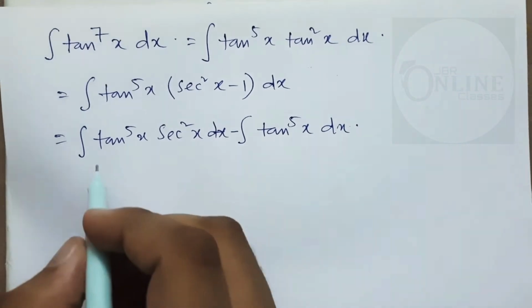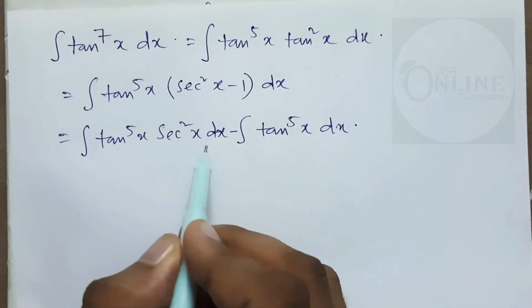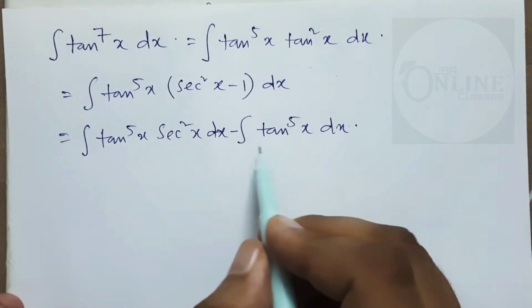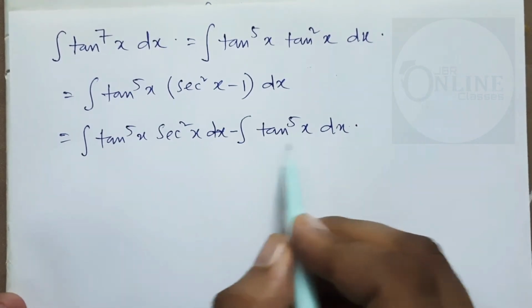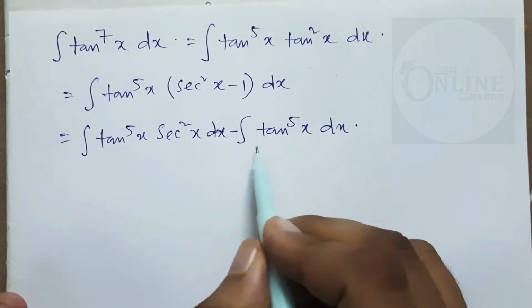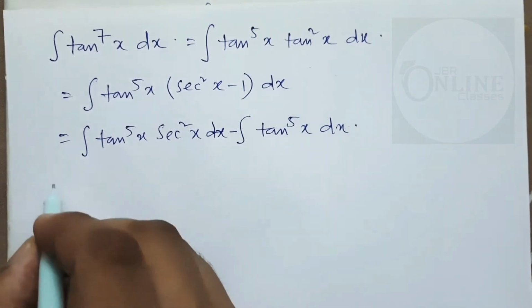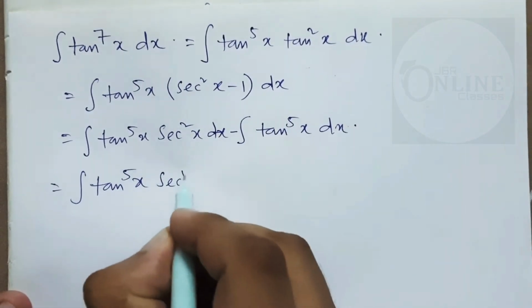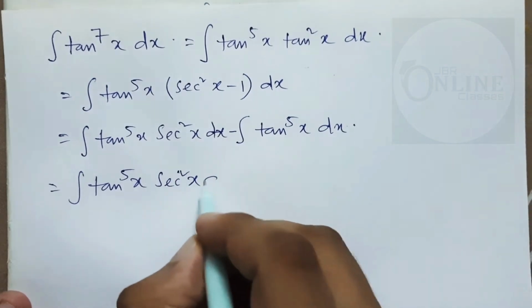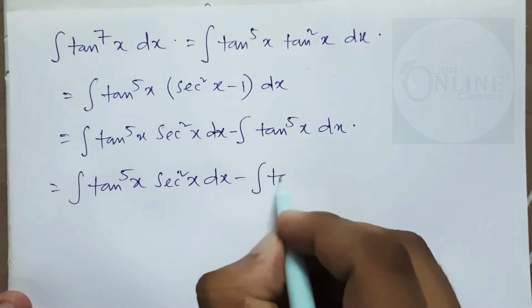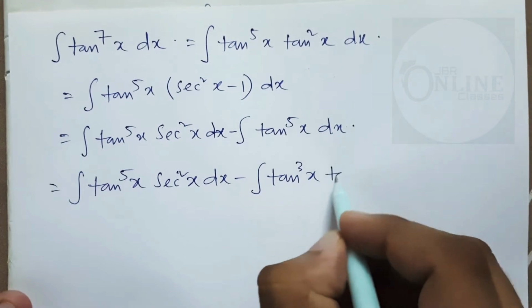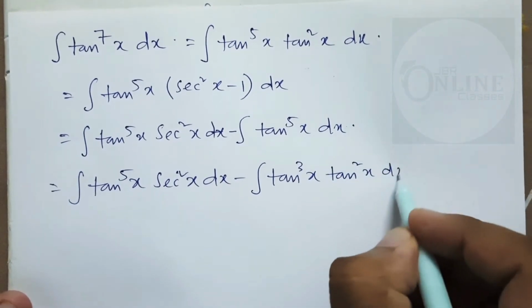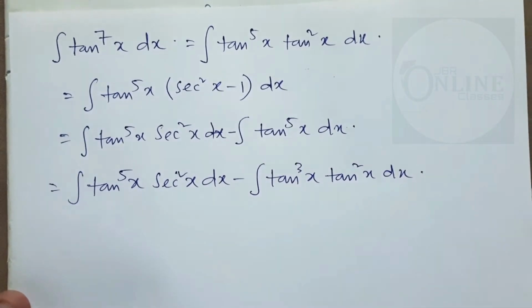Now you keep the first integration as it is and do the same kind of calculation on tan to the power 5x. That means you first write it down as tan cube x into tan square x. See the similar kind of calculation I am doing here.